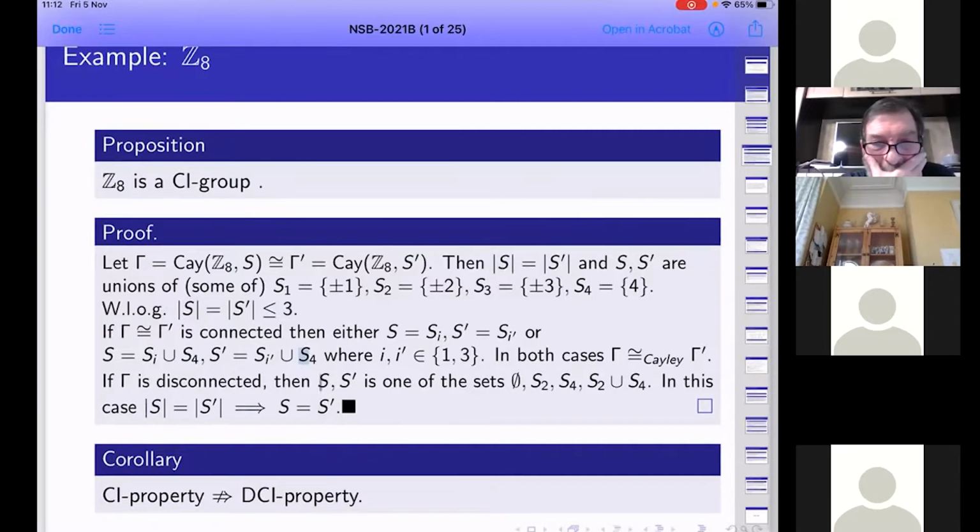If gamma is disconnected, then you cannot take S1 or S3 into the connection sets. You are left with S2 and S4, and then just by comparing the cardinality, you can say that the graphs are Cayley isomorphic. So this shows that Z8 is a CI group with respect to undirected graphs, and the corollary is that the CI property does not imply the DCI property.